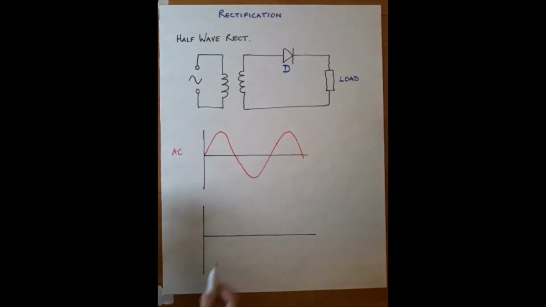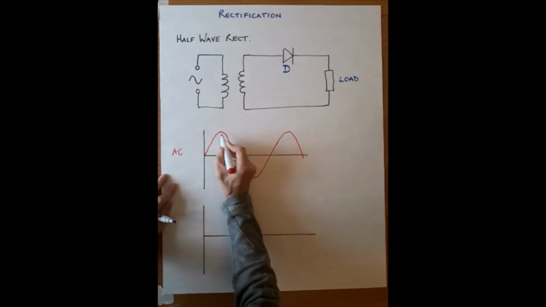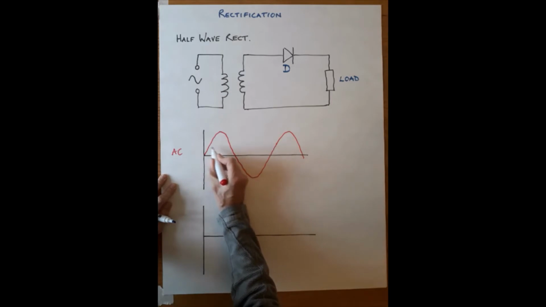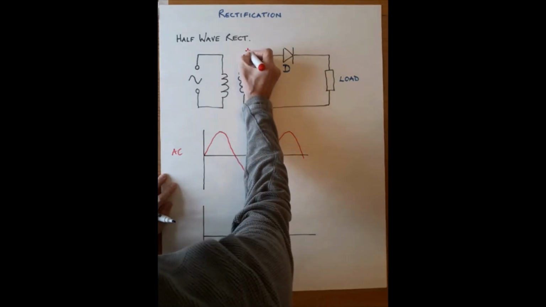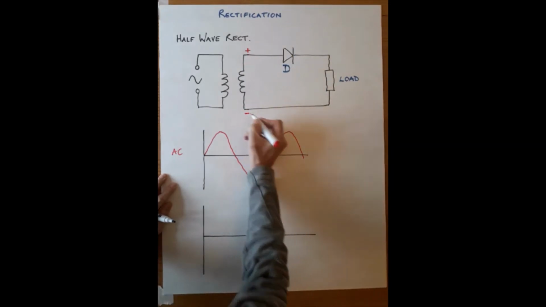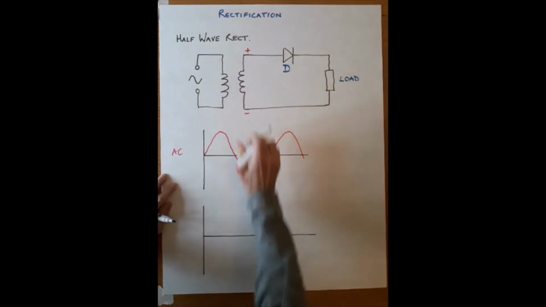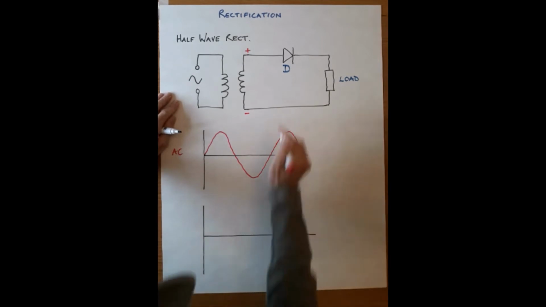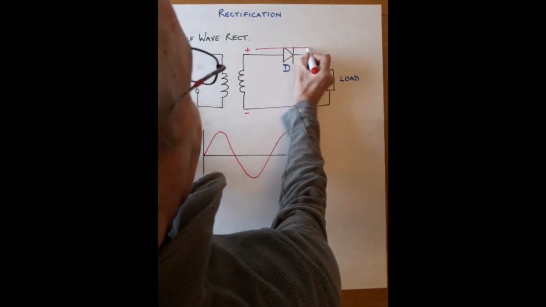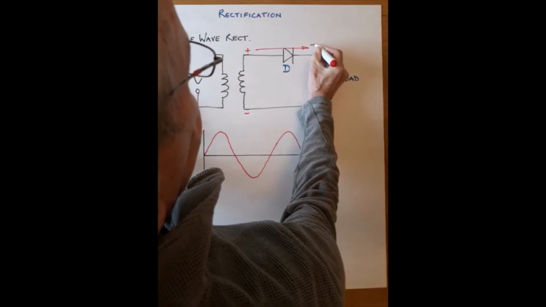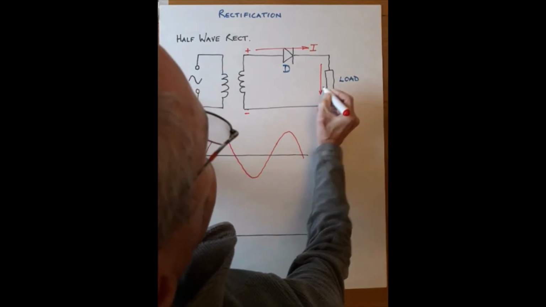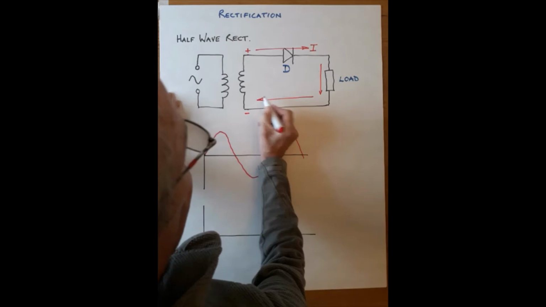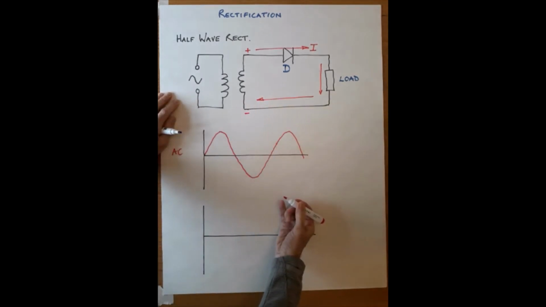On the first half cycle of the supply, this is positive and this is negative. That's what this supply is doing. That means a current will go through that diode, through the load, and back to this end of the supply.